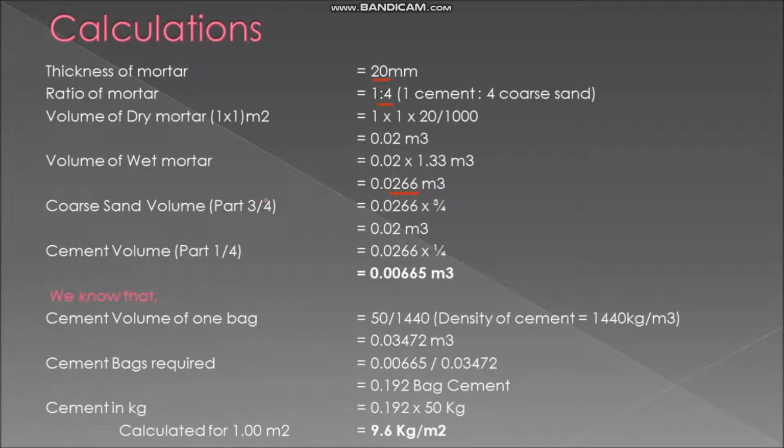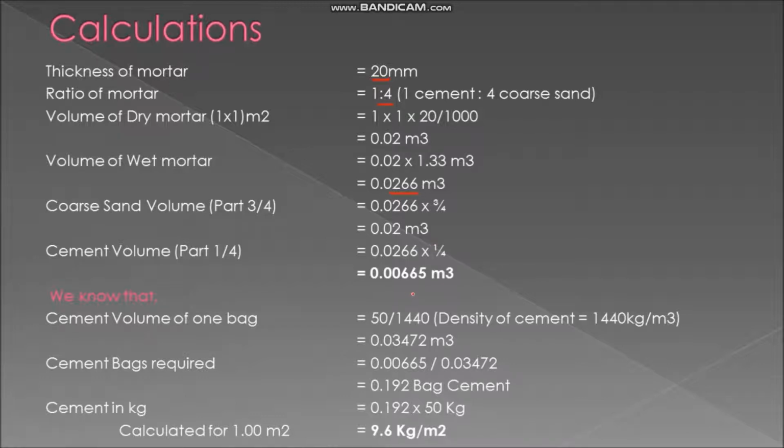Now we will calculate the coarse sand volume, that is 3/4 part of the total volume of mortar, that comes to 0.02 cubic meter. Now the main part, the cement, that is 1/4 of the total volume. 1/4 of the total volume 0.0266 will be 0.00665 cubic meter.